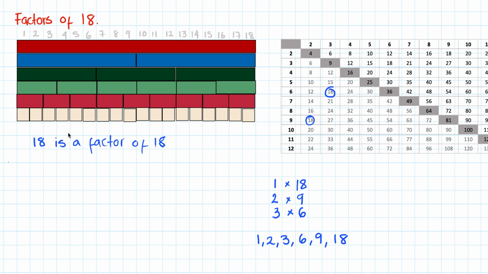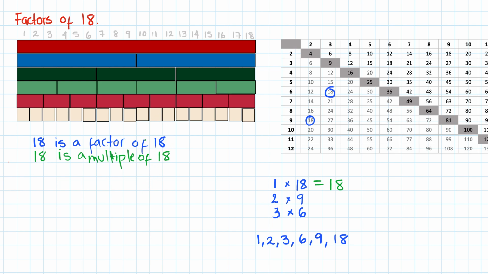Can I say that 18 is a multiple of 18? Yes. Why? Because I have here 18 times 1 is 18. Remember that when we say 1 times 18, these are the factors, and what I'm going to write here is the multiple. So this here is a multiple, but here's the factor. So 18 is both a factor and a multiple of itself.